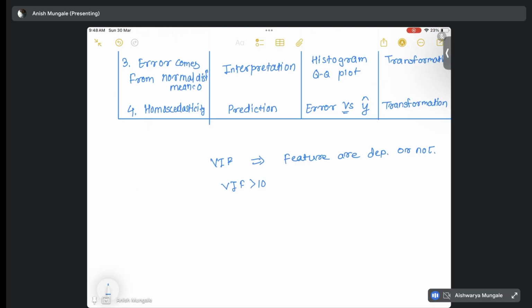Now let me take one example. Let's say y depends on x1, x2, x3, x4, x5, x6.